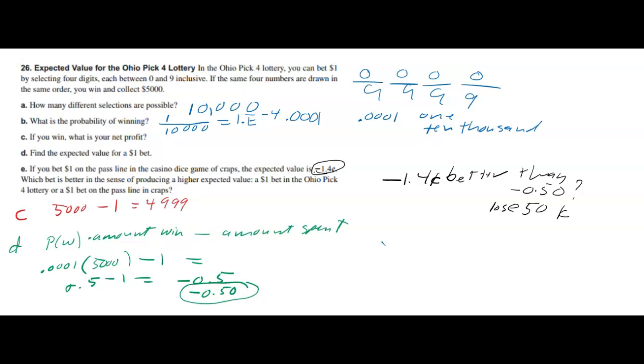Is it better to lose 1.4 cents or lose 50 cents? Well, this one's better. These are better odds. So in that case, you might spend your dollar on the craps game instead, because you have a chance of losing less, which means you have a chance of winning more in a sense.